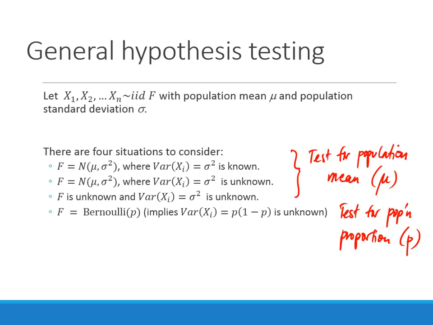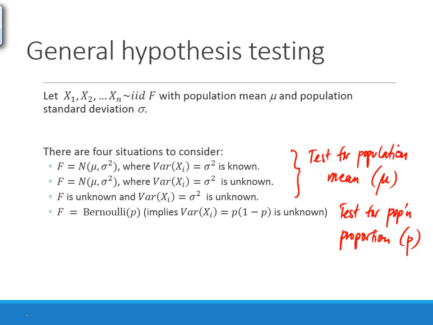The general setup is the same as it always is. We're assuming that we have a random sample, x1, x2, up to xn, so n independent observations that all come from the same distribution. And then we want to use those to construct a hypothesis test.